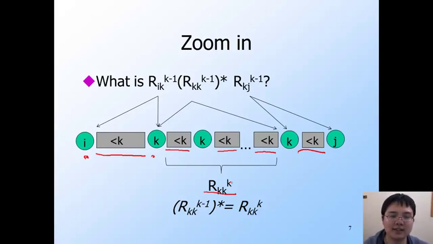And in edge cases, both Rkk k-1 star, and Rkkk contain epsilon, the empty string. In spite of the equivalence, we pick Rkk k-1 star, because this will give us a formula where quantities with a higher superscript will always only depend on quantities with lower superscript, which makes the implementation and understanding much easier.